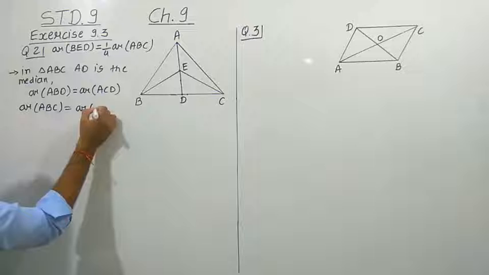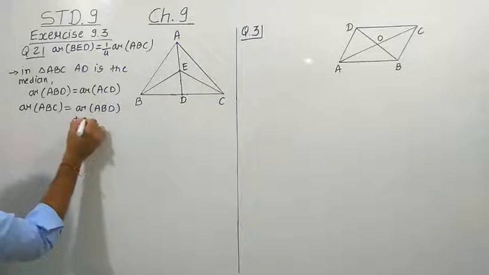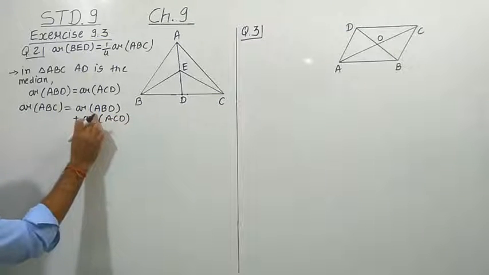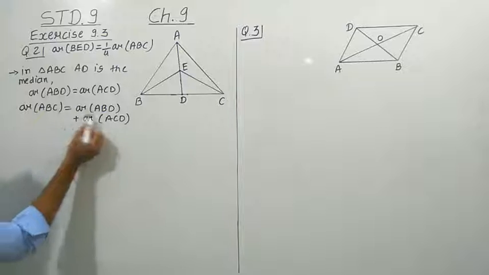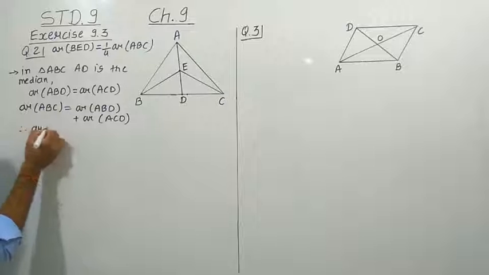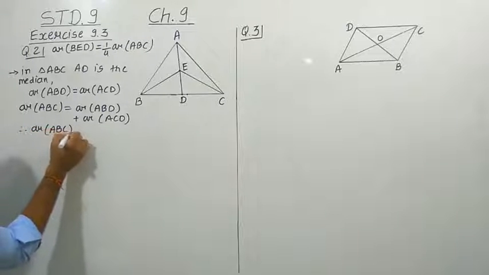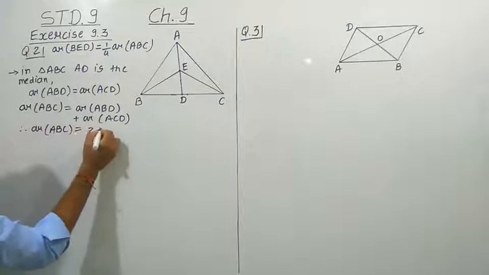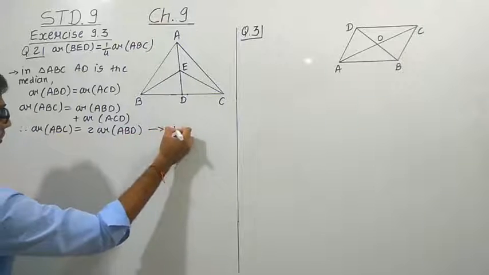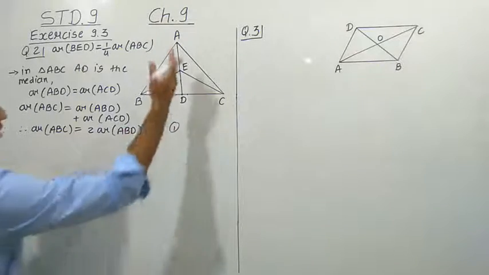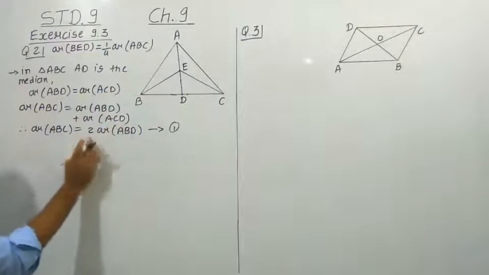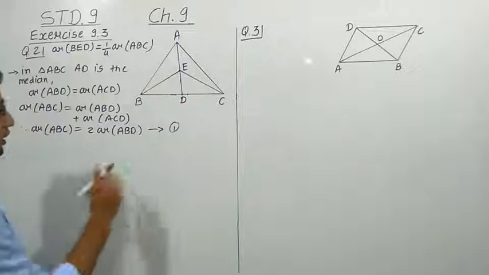So area of ABD plus area of ACD. Now we can replace this area of ACD with ABD. So here we get area of ABD plus area of ABD. That means 2 times area of ABD. Therefore, area of triangle ABC is equal to 2 times area of triangle ABD. Give it the equation number 1.